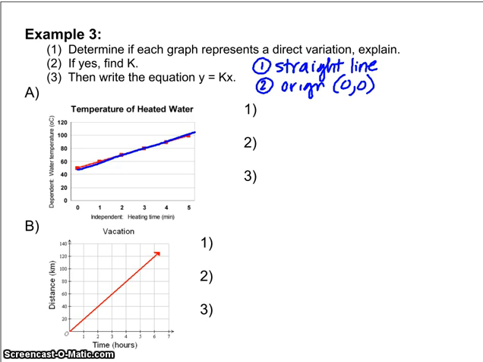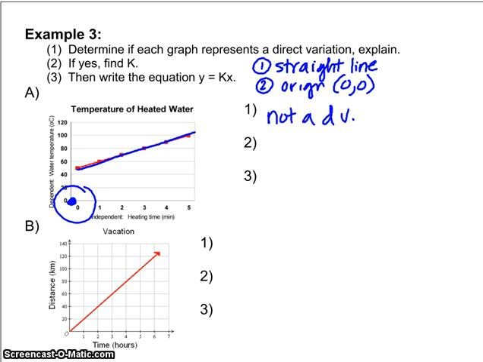So number 1, first of all, is this a straight line of data? And clearly, yes, it is. Number 2, does it go through the origin on your graph? And this is not happening. And therefore, this is not a direct variation.